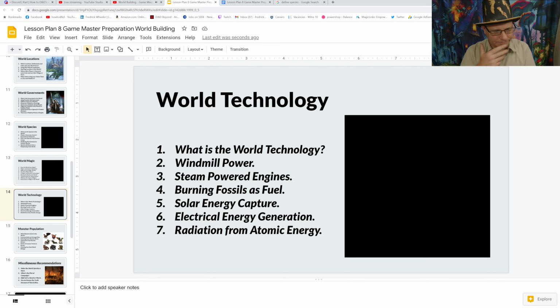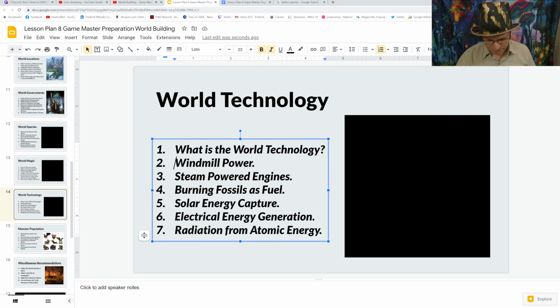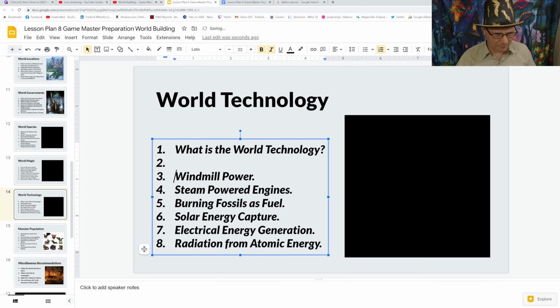So windmill power, fire creating energy. I'll add it in. Fire creating energy. Okay, so we'll put that there. Fire creating energy, and then world technology.